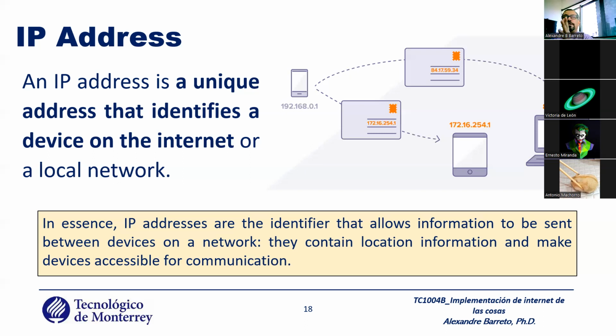The passport number identifies you in Mexico or identifies me in Brazil. It's not possible to have two people with the same passport number. It's like the IP address: only one IP address identifies only one device. There is the situation of NAT. Yes, there are special situations, but we won't discuss them in this course. We'll discuss them in the network course. Any questions about IP addresses?